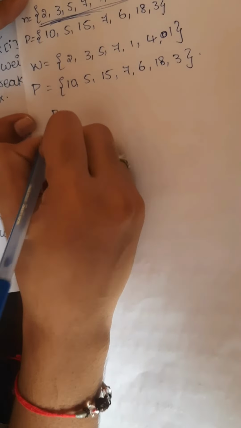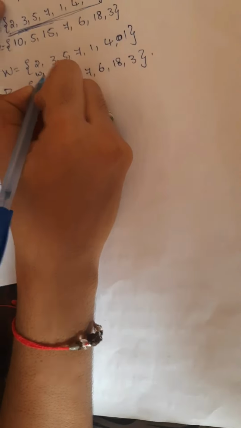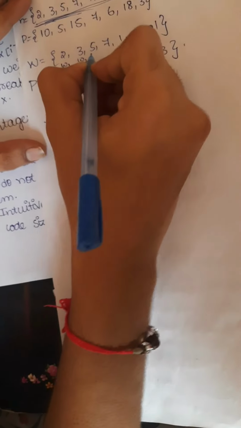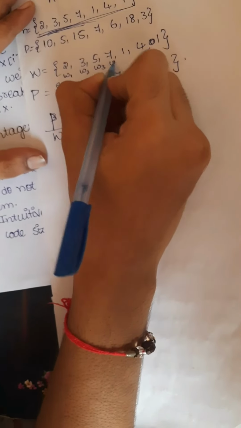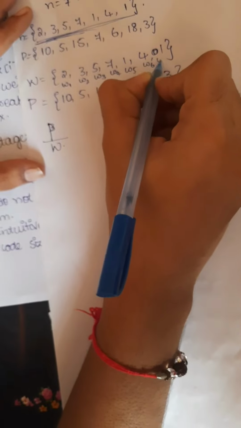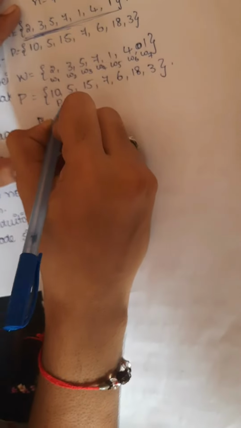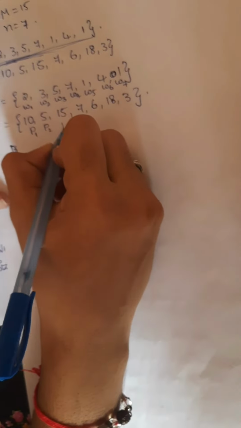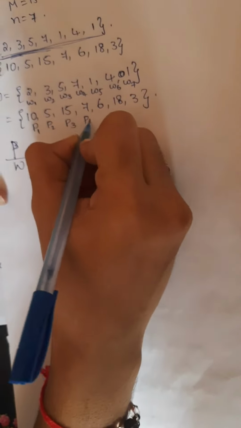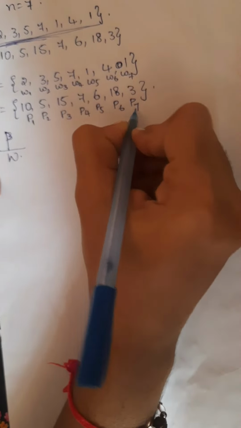So let us calculate P by W. Let us assume these are the weights W1, W2, W3, W4, W5, W6 and W7, and these are the profits for their weights: P1, P2, P3, P4, P5, P6 and P7.